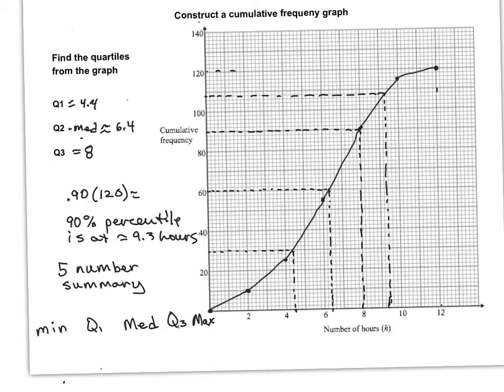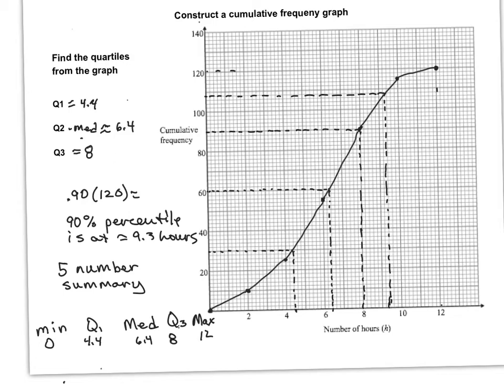So there are 5 numbers here. In this case, it's going to be 0. That's our minimum value here. Q1 was 4.4. Our median was 6.4. Q3 was 8. And our maximum value was 12.